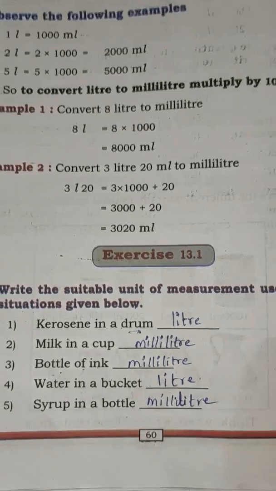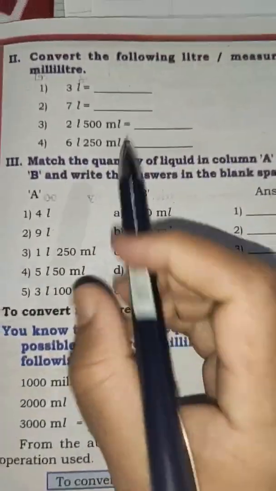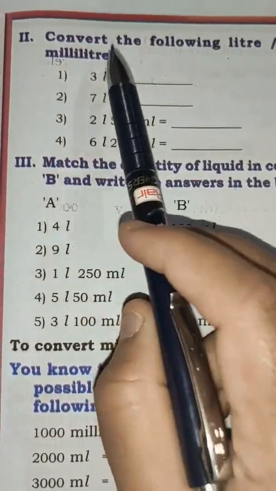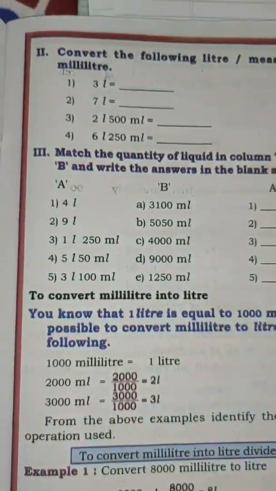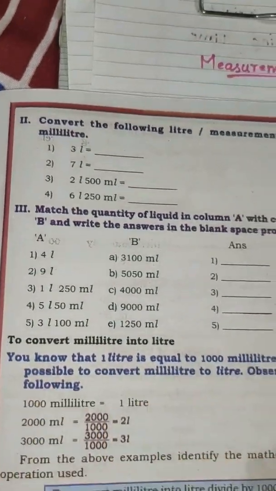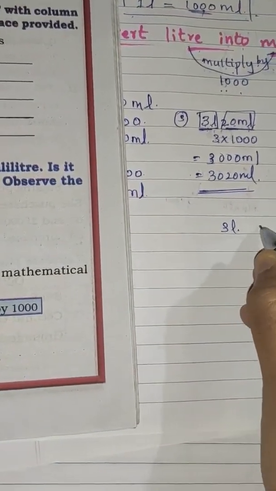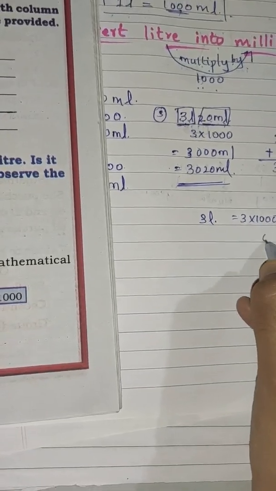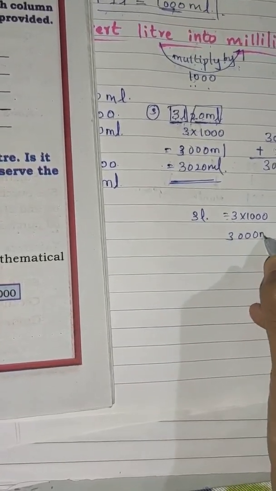Okay. So now children, come to page number 61. Convert the following liter measurements to milliliter. Here you have to convert liter to milliliter. 3L. How are you going to convert it? 3 into 1000. 3 ones are 3, so it is 3000 ml.